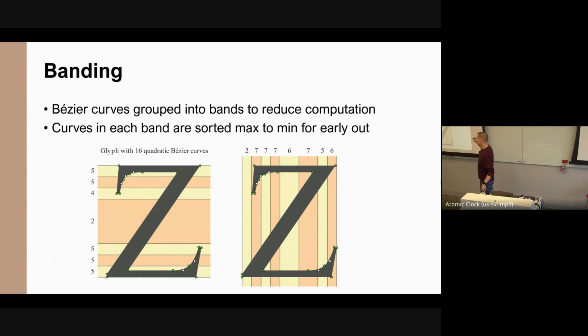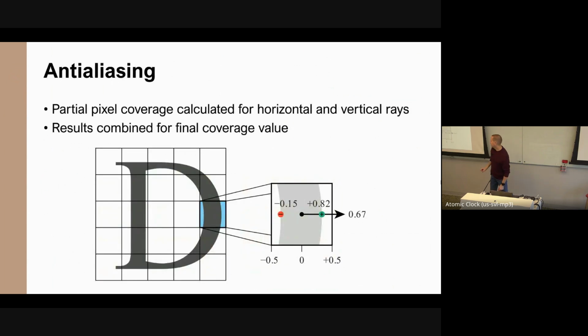Now, the reason it's using these infinitely large bands instead of subdividing further into a grid is that pixel footprint again. As this pixel gets larger, because our font is getting smaller on the screen, if we had divided into a grid kind of like this, then we could have a pixel that covers a large number of grid squares.